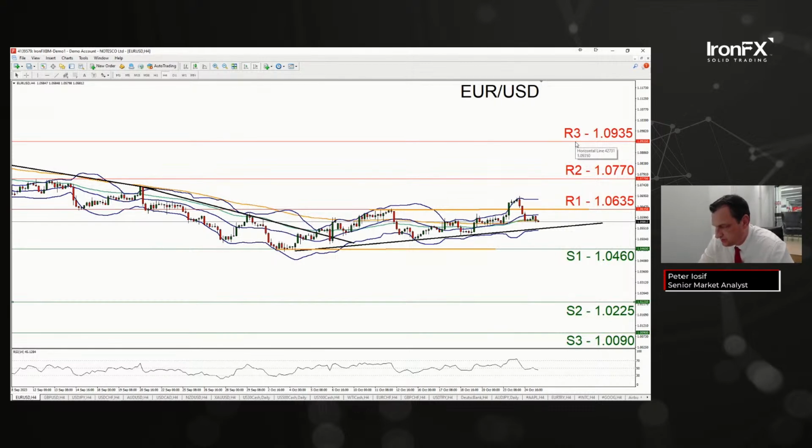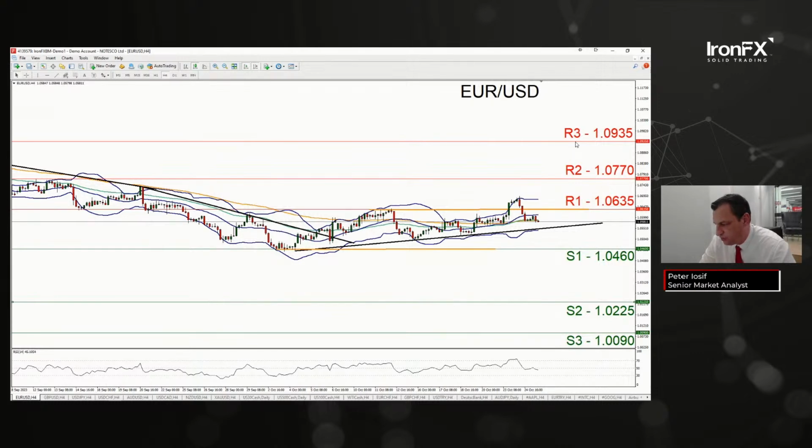Okay, despite the price action of Euro USD dropping and breaking the R1 1.0635, now turned to resistance, we have conflicting signals here. On the one hand, you have an upward trend line which seems to remain intact.